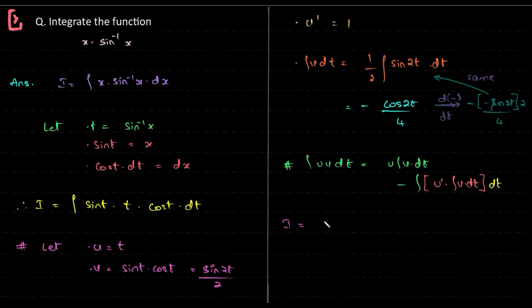So I is equal to, here u is t, but that is negative, so minus t cos of 2t by 4, minus integration of derivative of u, which is 1, into, so minus of minus becomes plus, cos of 2t by 4 dt, right?